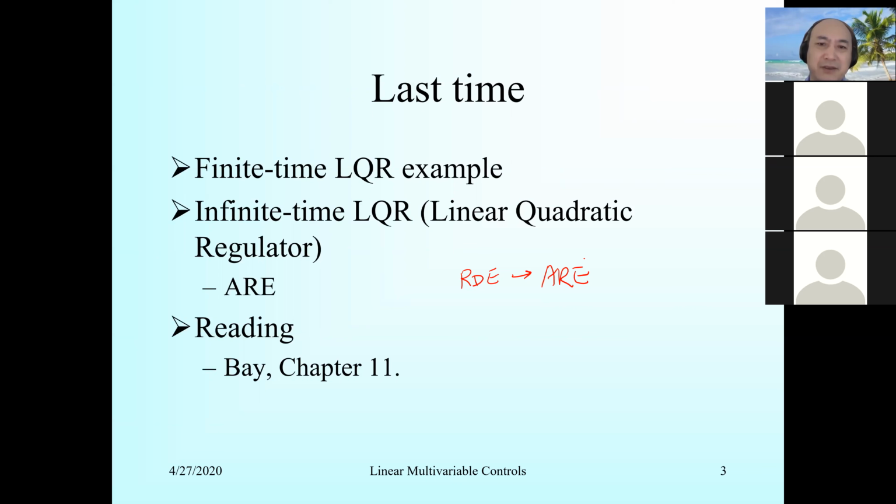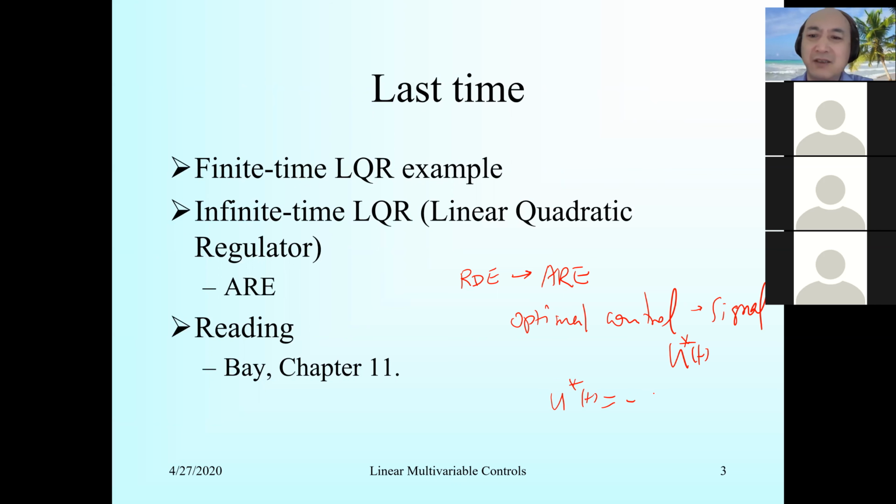When we talk about optimal control, we're talking about the optimal control signal u(t)*. But interestingly, we end up with minus k(t) x(t) as a control law. That's a beautiful side of the LQR problem.